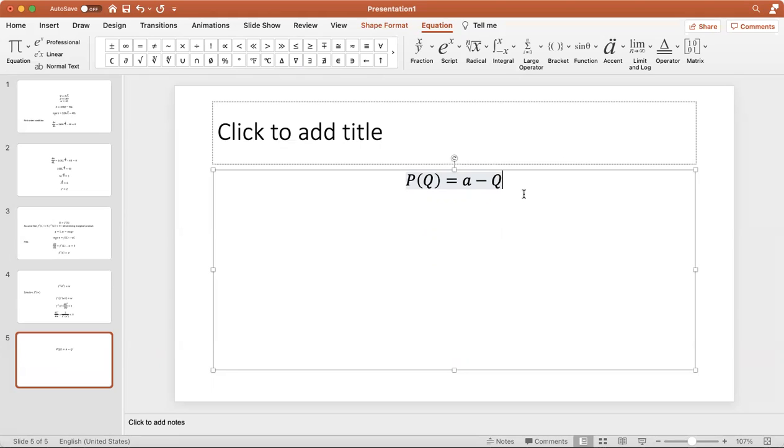Let's assume that you have a parameter K that is between 0 and 1.